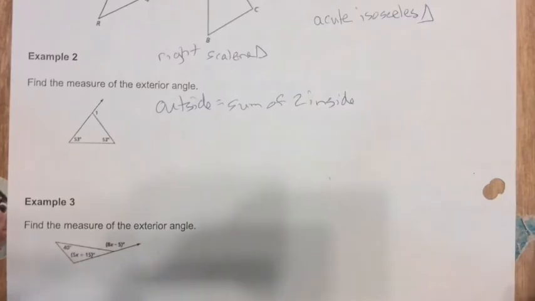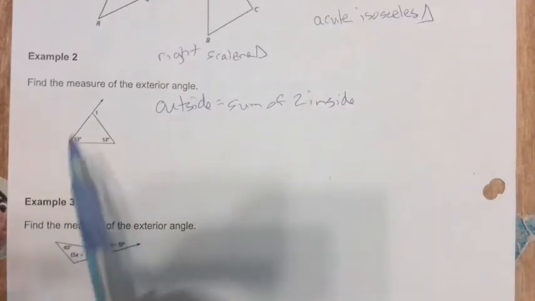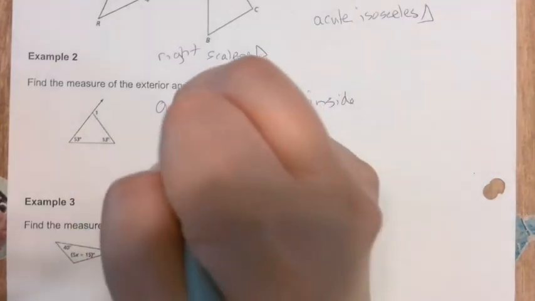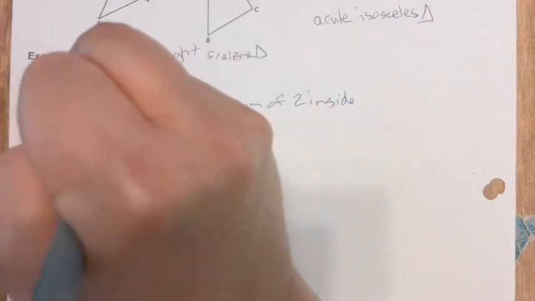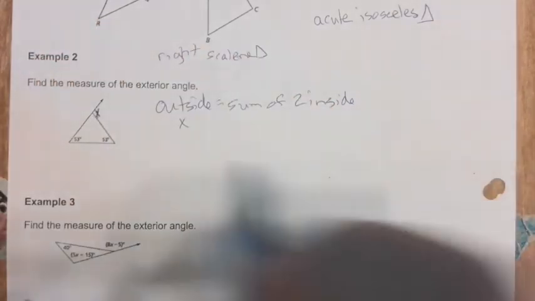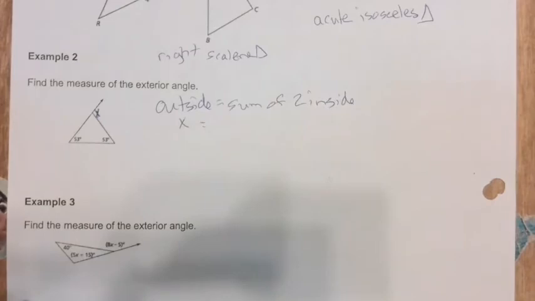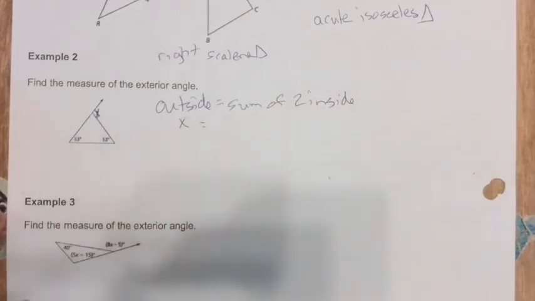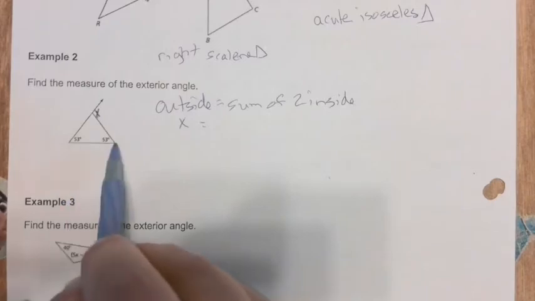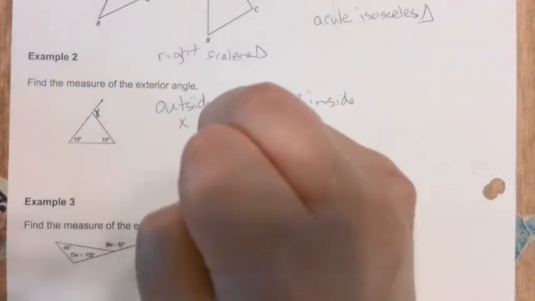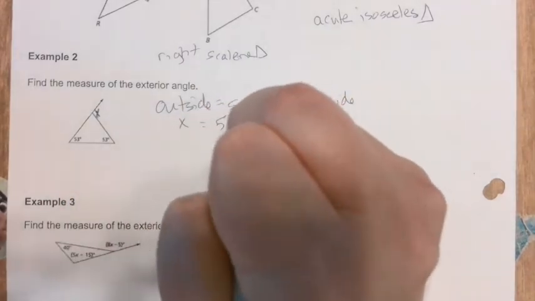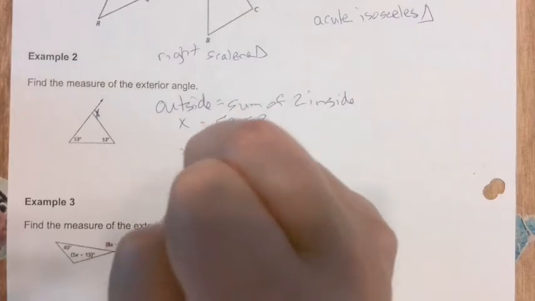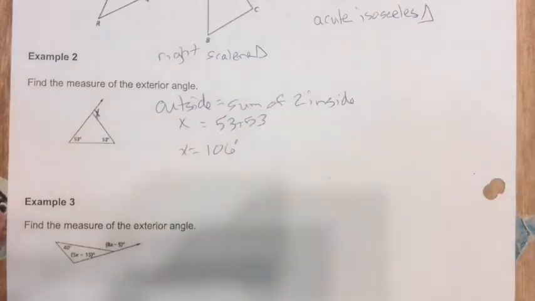Which angle is outside? That's angle 1. Let's call that maybe an X, so it's easier to talk about. It is equal to the sum of the two inside. Now, not the one next to X, but the other two. 53 and 53. So X would be 106 degrees.